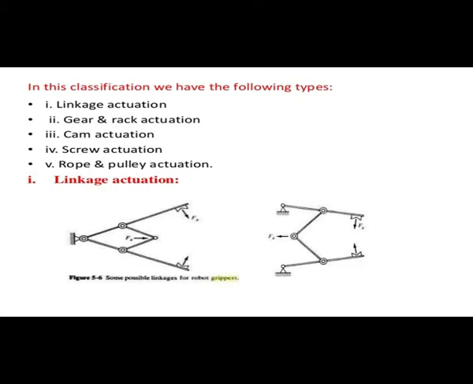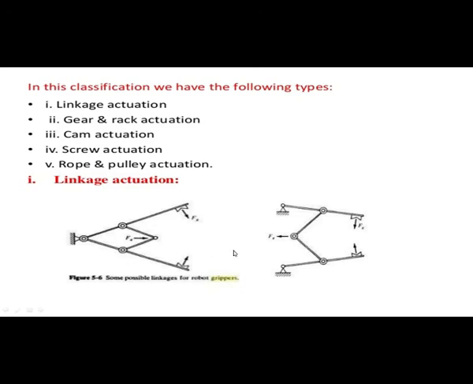In this classification, we have the following types: linkage actuation, gear and rack actuation, cam actuation, screw actuation, rope and pulley actuation, and miscellaneous. First, here one is the linkage actuation.